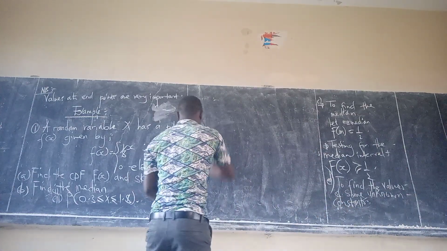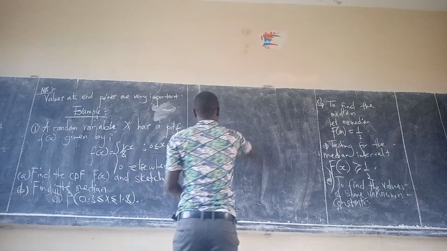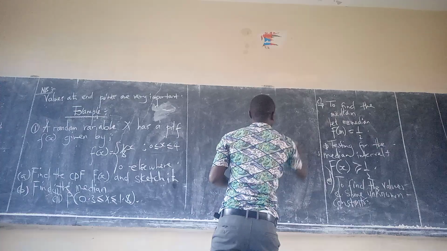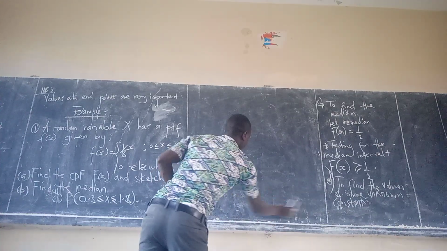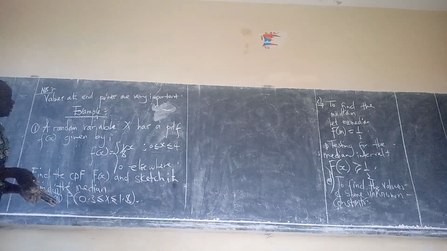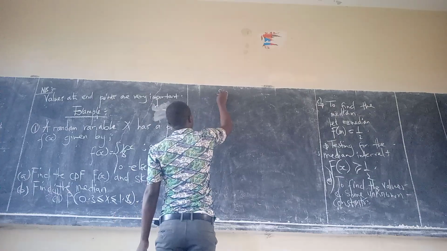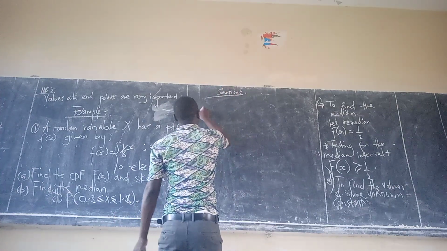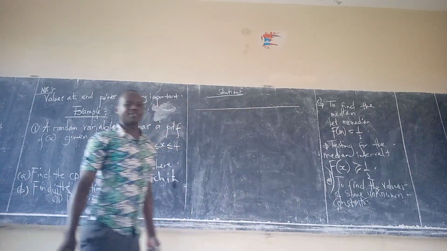Now, if you're given a PDF small f of x and you're supposed to find its CDF, the very first step is to draw a number line. So in our solution, you draw a straight horizontal line.